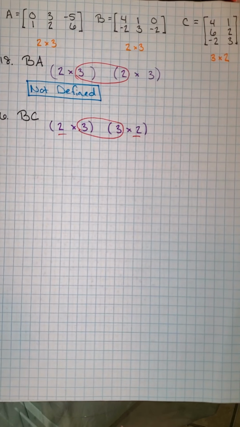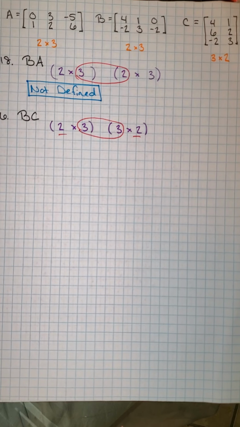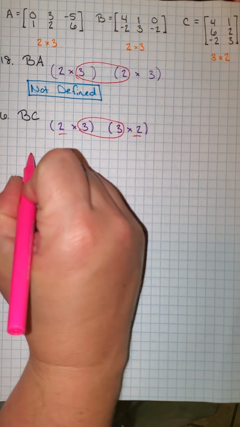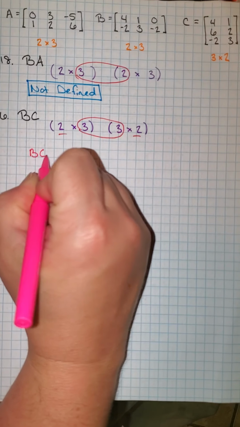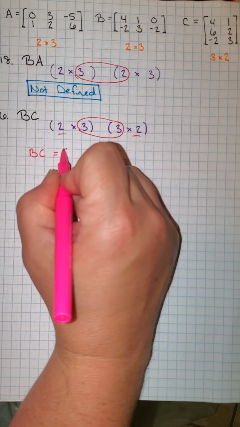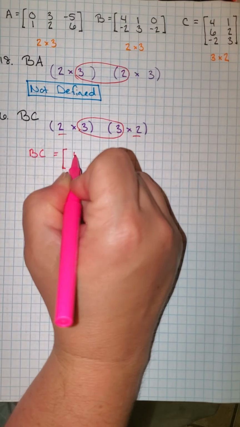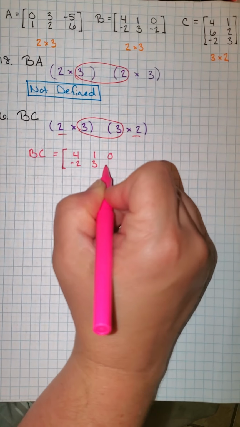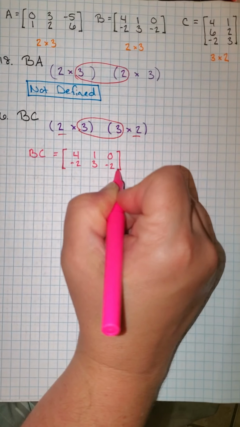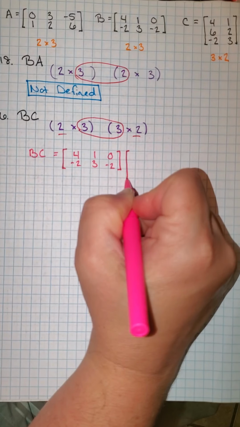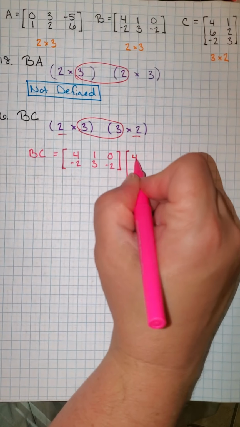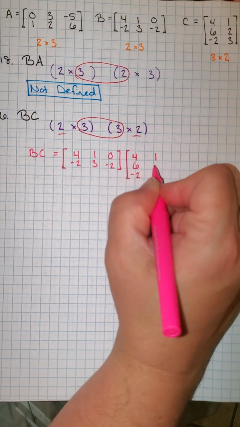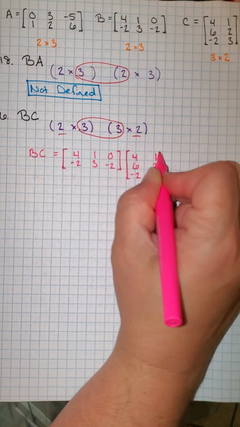All right, so let me put the two matrices side by side. Okay, so B we have 4, negative 2, 1, 3, 0, negative 2. And we're going to multiply this times C, which is 4, 6, negative 2, 1, 2, and 3.